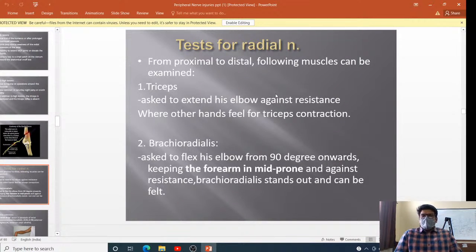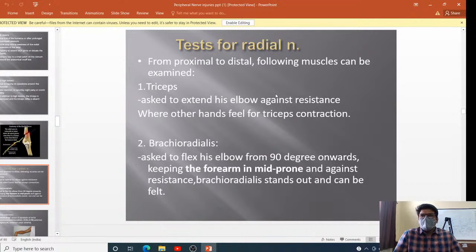So test for radial nerve: basically the only one test which differentiates the high lesion from the low lesion is to test the brachioradialis. So how is the brachioradialis tested? It is tested with elbow flexion under resistance with the forearm mid prone.